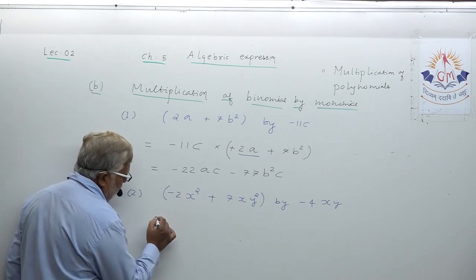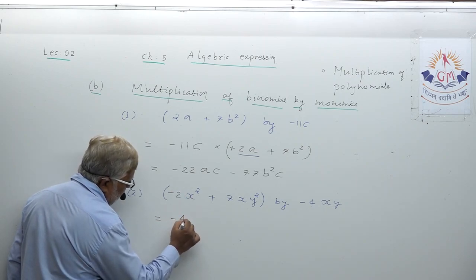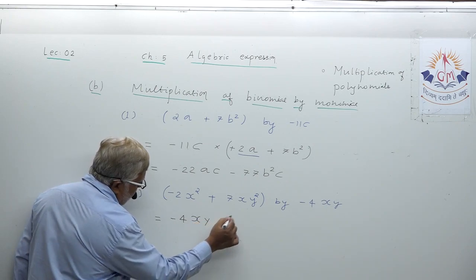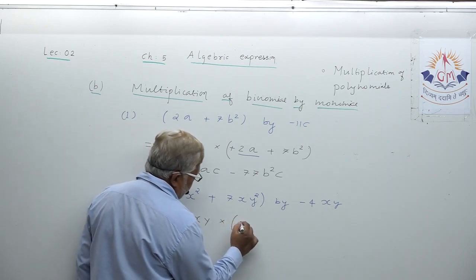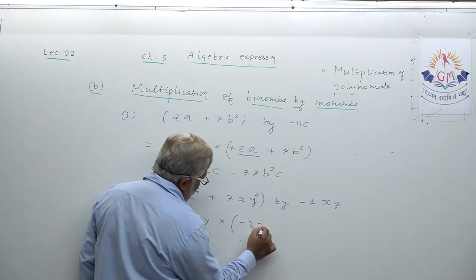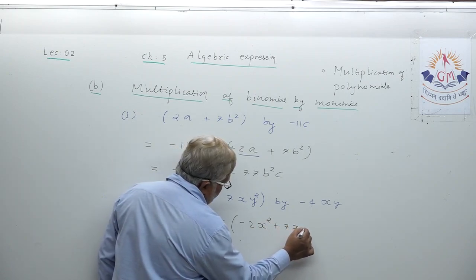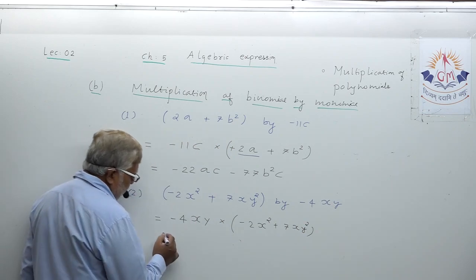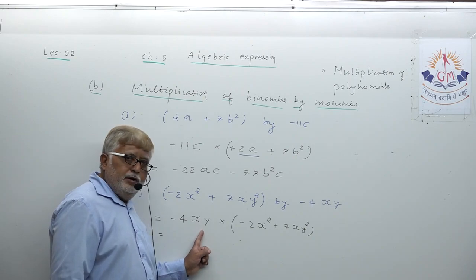As I told you, first the monomial minus 4xy, then you write the binomial minus 2x square plus 7xy square. Now as I told you, dear student, successive multiplication.